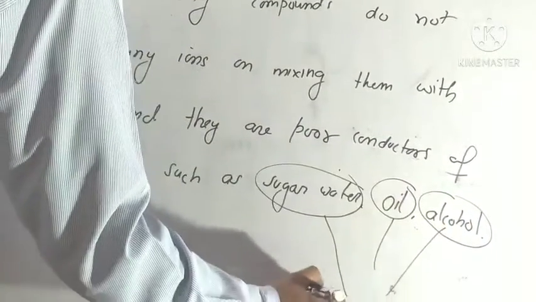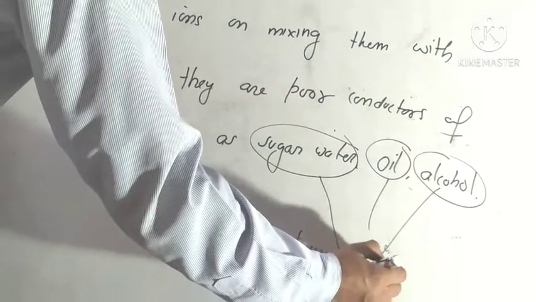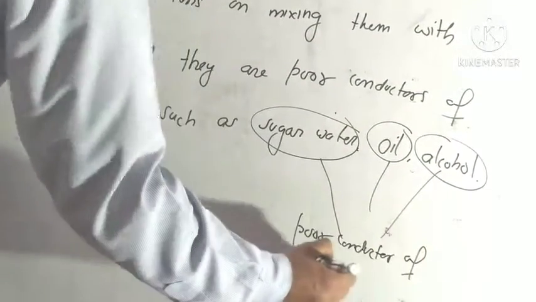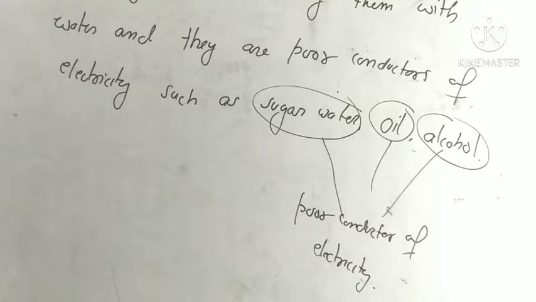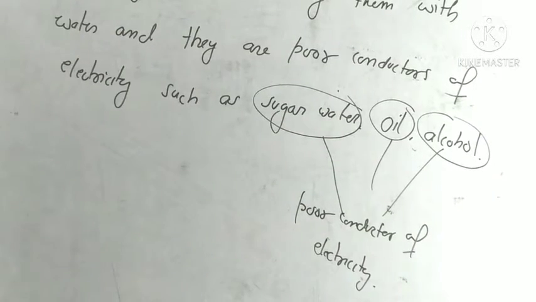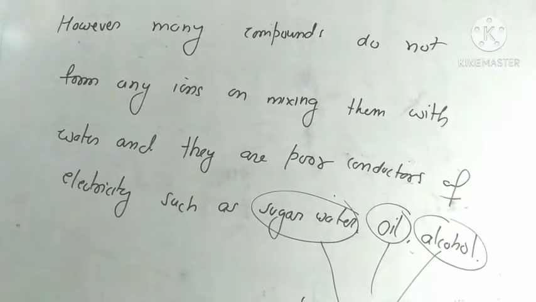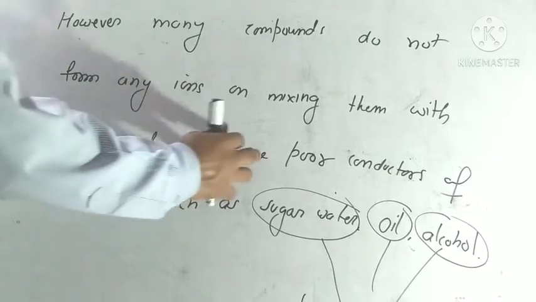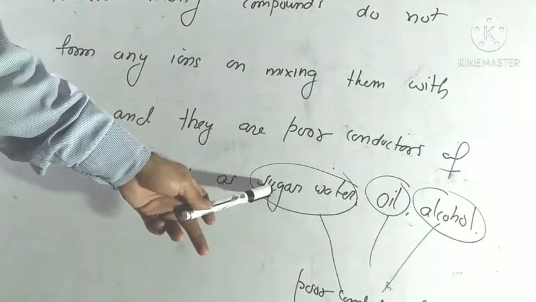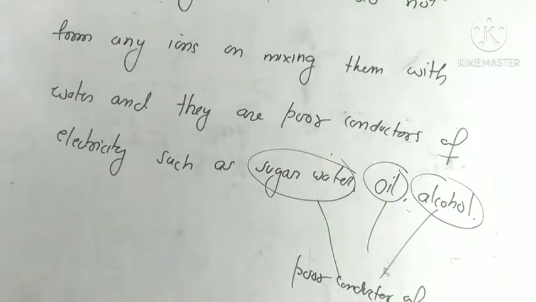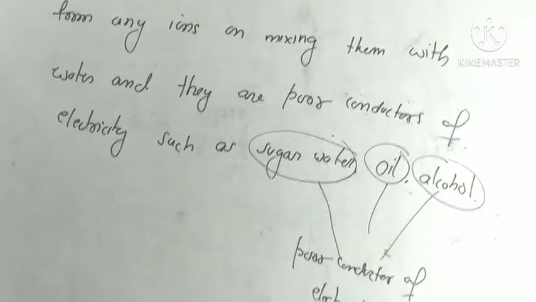These are some examples of poor conductors of electricity.